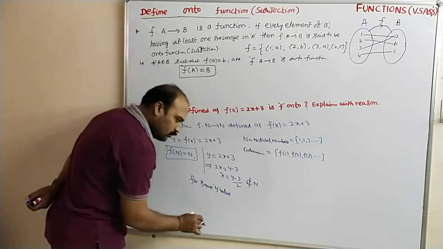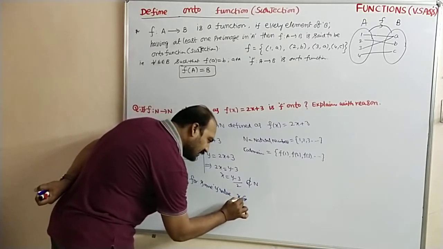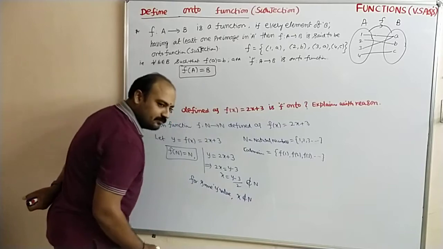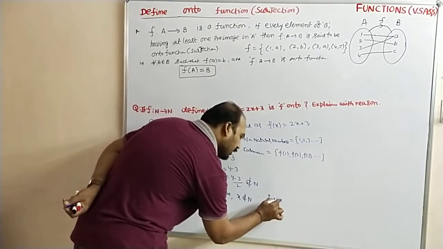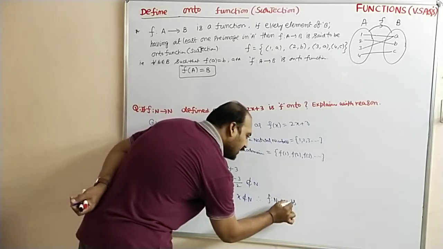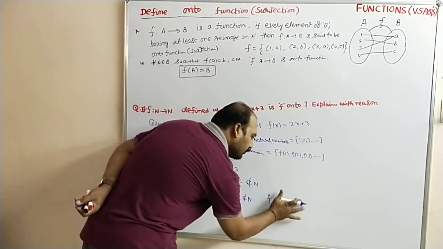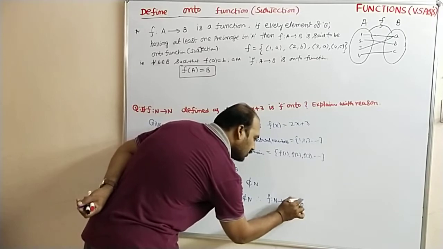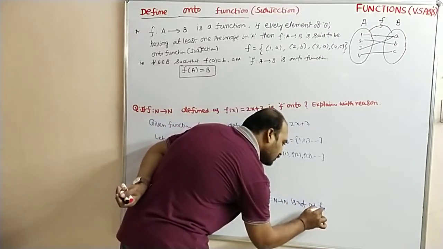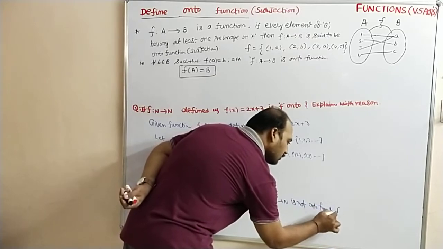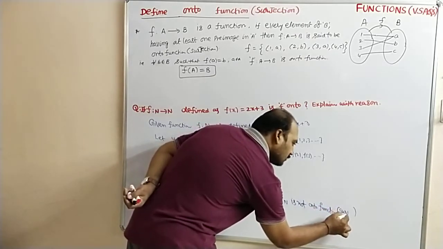For some y value, x does not belong to N. Therefore, f from N to N is not an onto function or surjection.